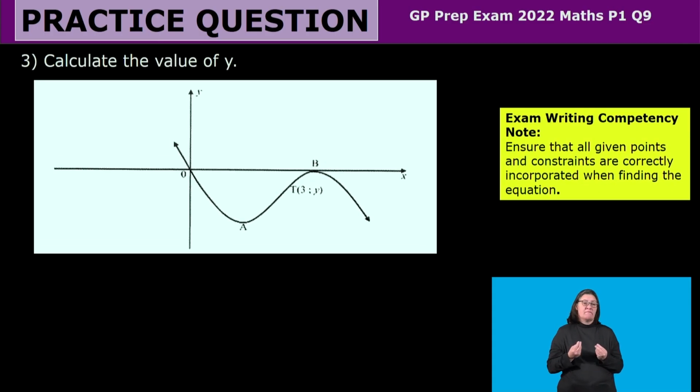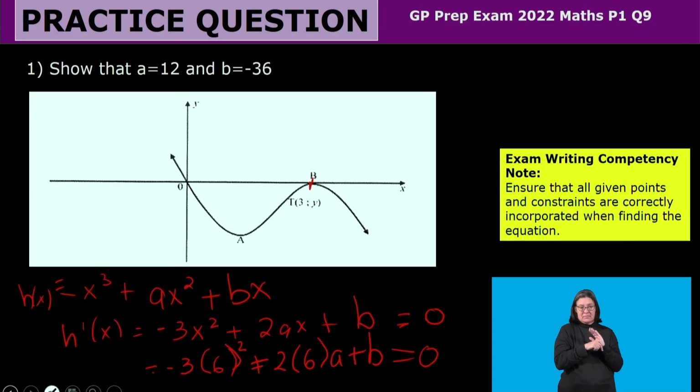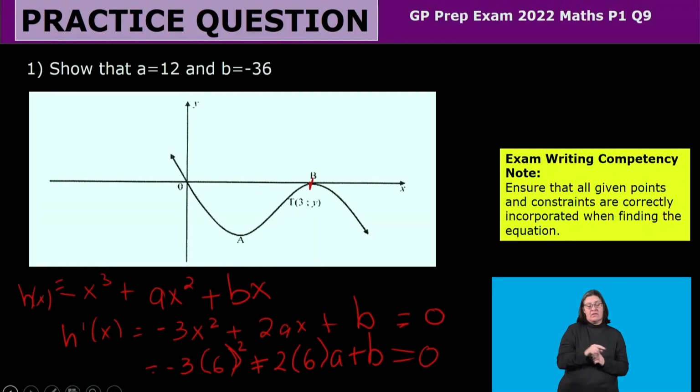All right, so we are going to need to simplify this one a little bit further. So we can get equation 2, and we can use equation 2 together with equation 1 to help us find the values of a and b and show that a is 12 and b is equal to negative 36. So let's quickly do that. We've got 36 times negative 3. Let's have a look at what we get there.